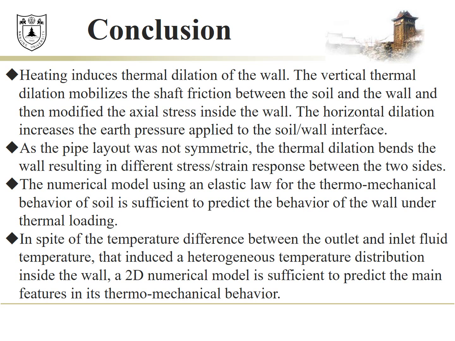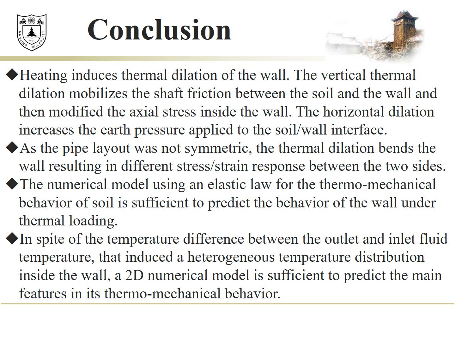Through using both physical and numerical models to study the thermo-mechanical behavior of the energy diaphragm wall, the following conclusions can be drawn. First, heating induces small dilation of the wall. The vertical dilation mobilizes the shaft friction between the soil and the wall and then modifies the axial stress inside the wall. The horizontal dilation increases the earth pressure applied to the soil-wall interface.